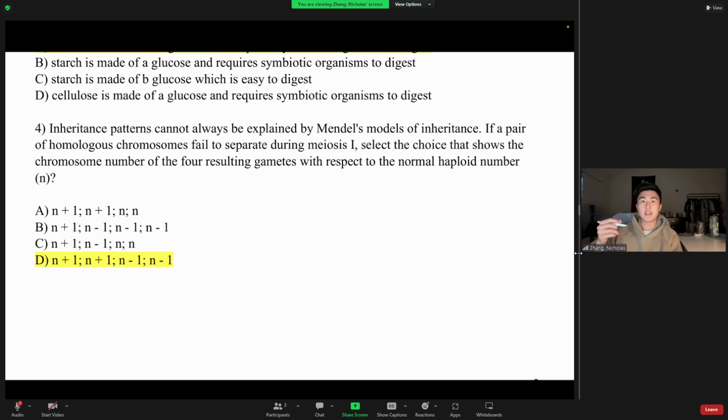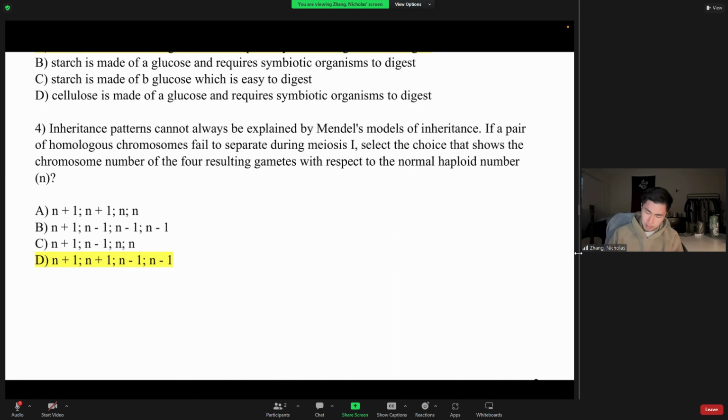Non-disjunction is the failed separation of chromosome pairs during mitosis or meiosis, either of them. And we can draw a similar thing. Let's just do it only for non-disjunction during meiosis one. If we see the normal number of individual chromosomes starting at meiosis, we have 92.